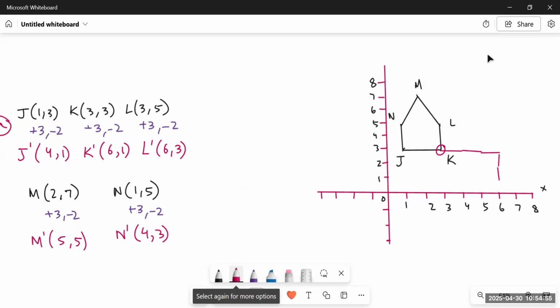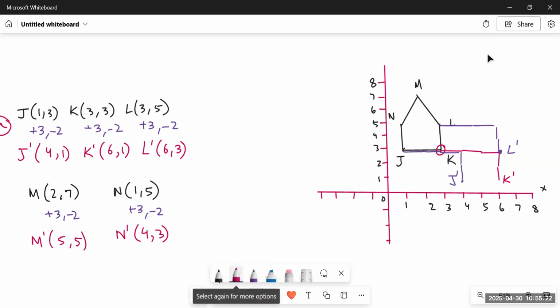So this would be the point where we will mark K dash. Similarly, we do the same with each of these points: 1, 2, 3, 1, 2. Here we will have L dash. Similarly, 1, 2, 3, 1, 2, here we would have K dash.